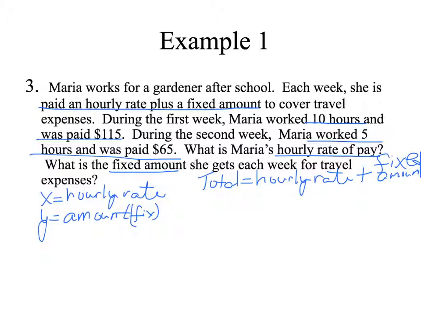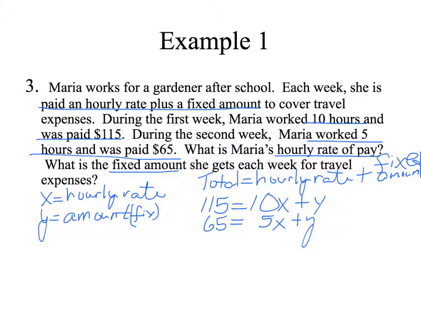So for week 1, she worked 10 hours and was paid a total of $115. 10 hours times however much she gets paid an hour plus her fixed rate. Second week she was paid $65. She worked 5 hours and again had her fixed rate.